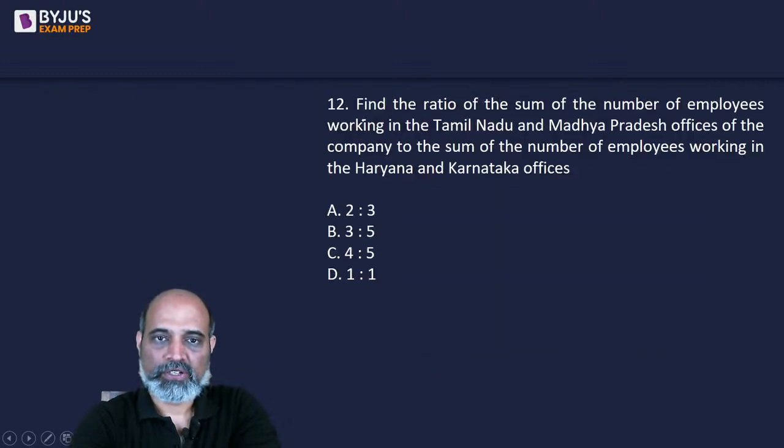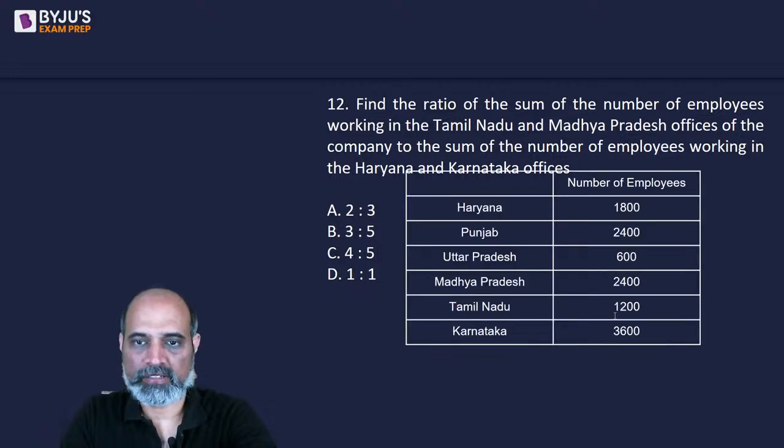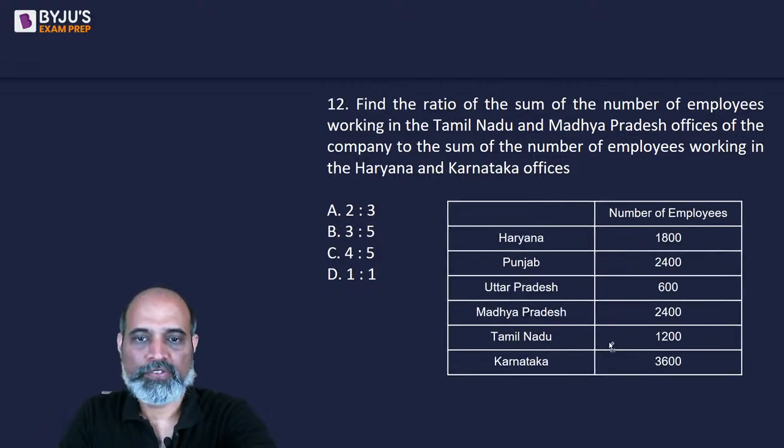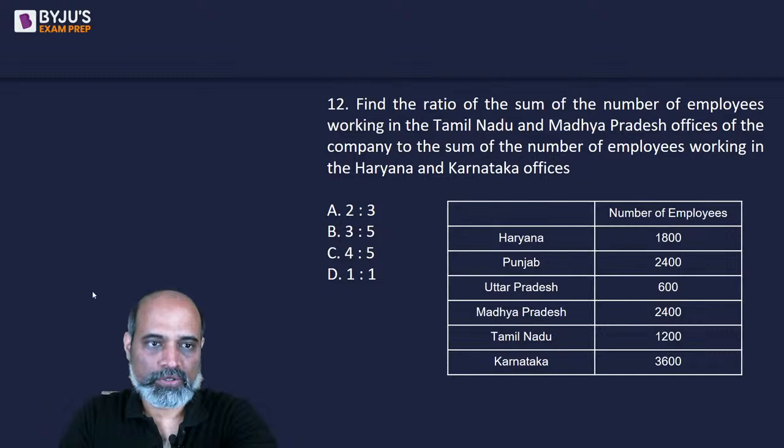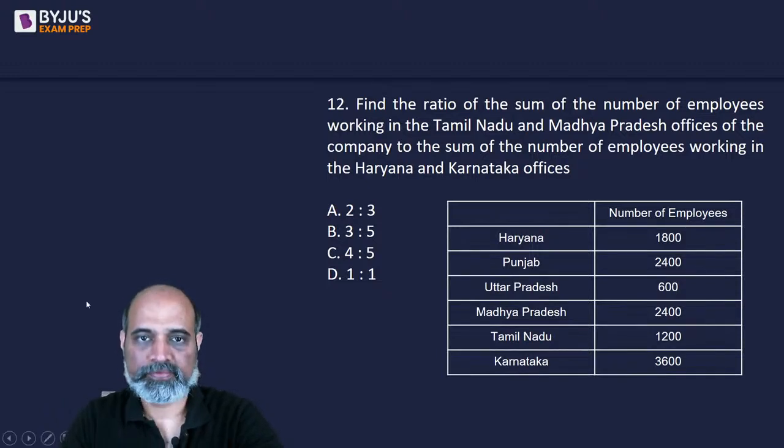Okay. Questions. Find the ratio of the sum of employees. So in short, we will need the table now, right? ये जो public as in employee distribution है, we will need this. Chalo.